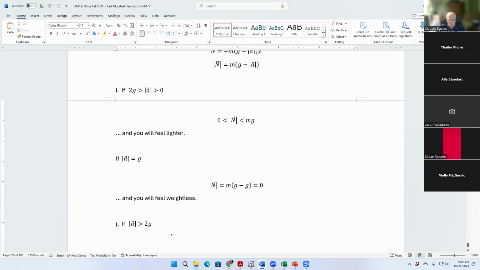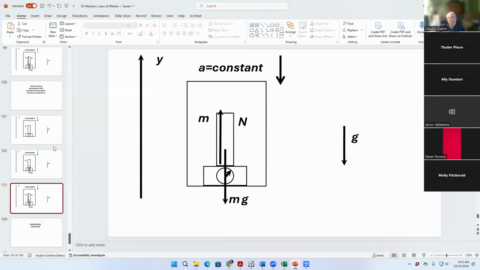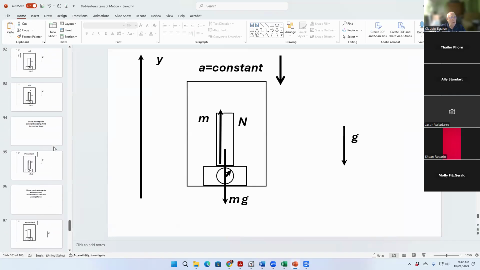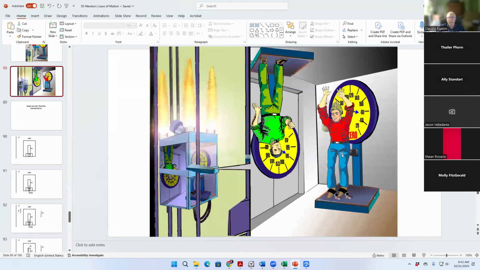Your normal is going to be greater than mg, but the direction is going to be a negative direction, which is exactly this illustration here that you saw.